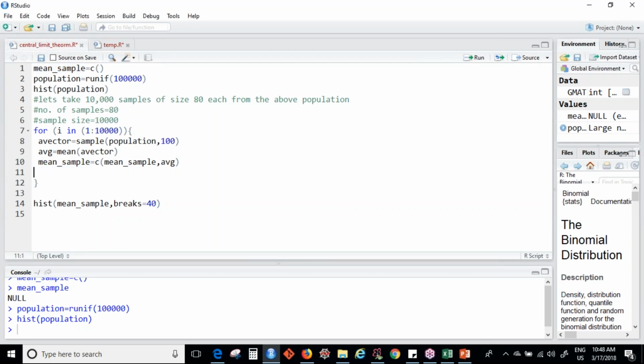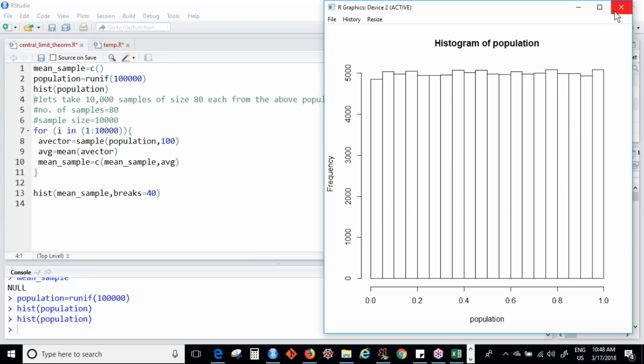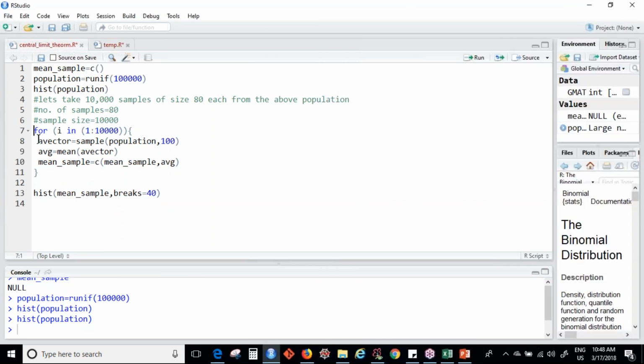I don't have to print it. So let me run this now. You have already seen that the population looks like a uniform distribution, nowhere close to a normal distribution. When I run this, I will get a vector called mean_sample, and that vector will have 10,000 values.